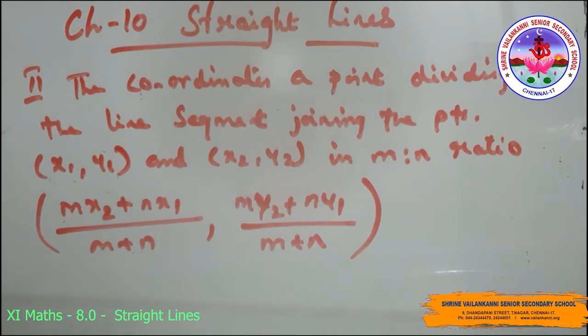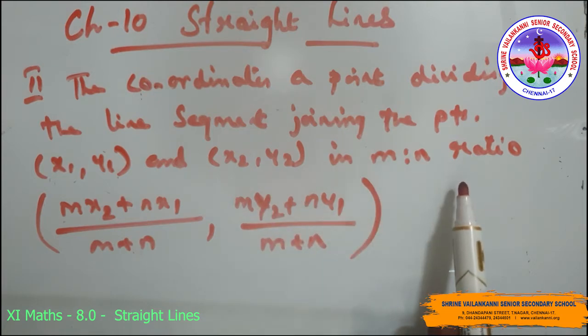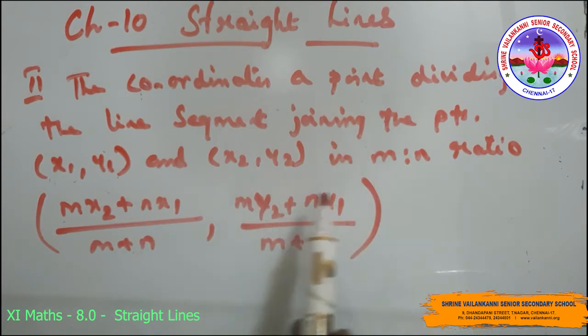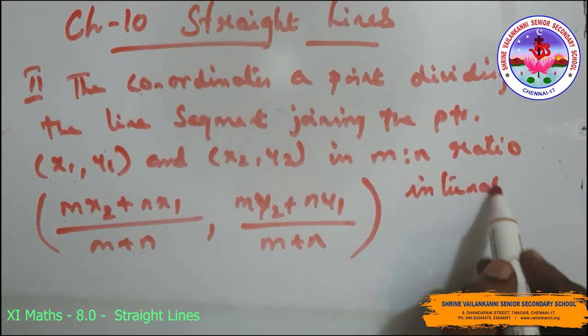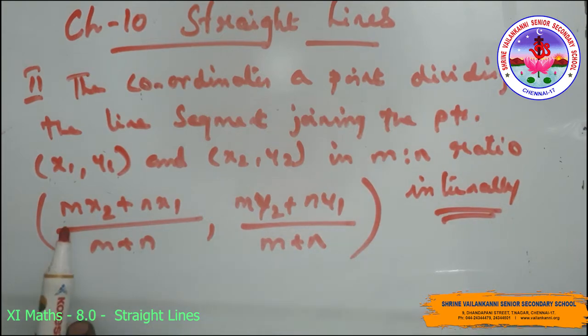Second one is the section formula. The coordinates of a point dividing the line segment joining the points (x1, y1) and (x2, y2) in the ratio m:n, which divides internally, are (mx2 plus nx1) by (m plus n), (my2 plus ny1) by (m plus n).